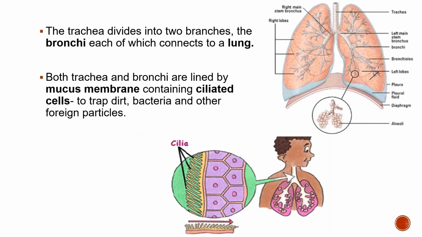The trachea divides into two branches, the bronchi, each of which connects to a lung. Both the trachea and bronchi are lined by mucous membrane containing ciliated cells to trap dirt, bacteria and other foreign particles.